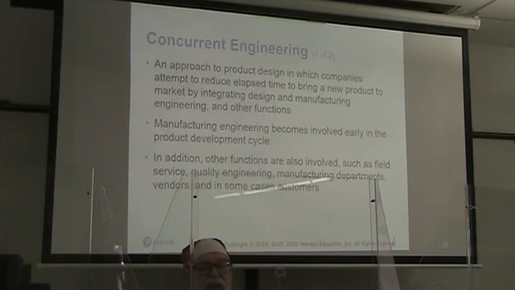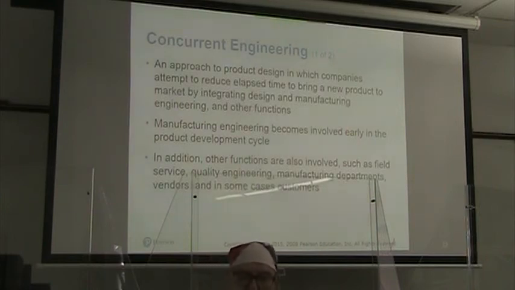So our manufacturing engineering group is involved early in the product development cycle. We also have many other functions involved, such as the field service technicians, quality engineering, the manufacturing departments, the vendors, and depending on the product, the customers as well.